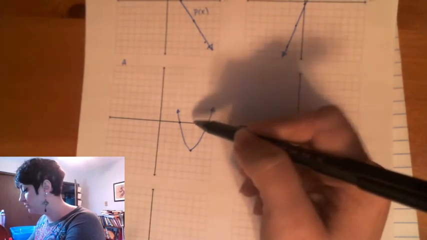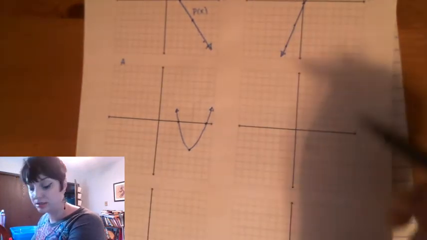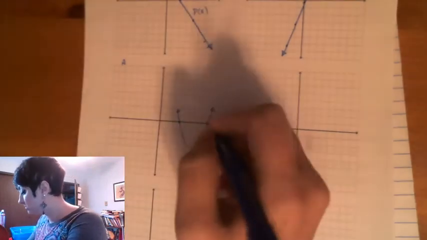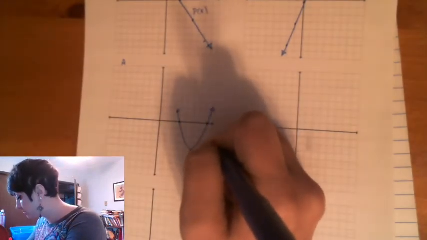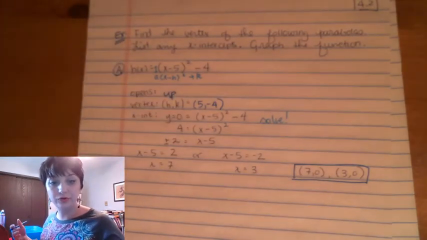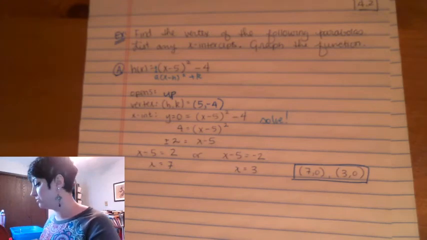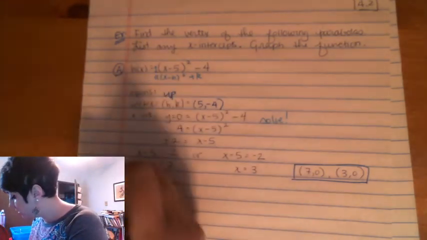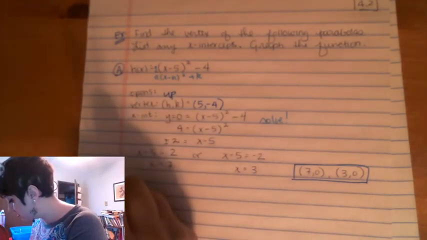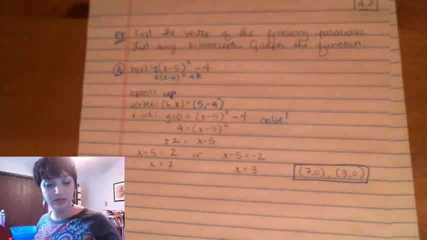I had to move 2 to the right and 2 to the left, and that got me my x-intercepts. Now, it's not always that you just move 2 to either side, and that gives you your intercept location. Okay. So let's try another one of this type.